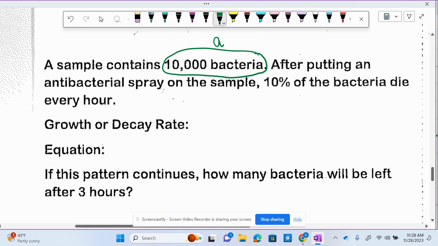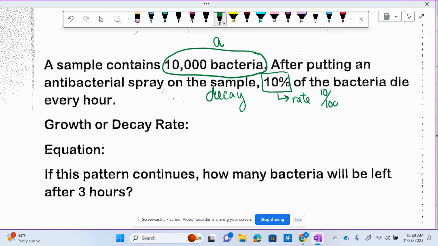It's antibacterial. Decay. So this is going to be a decay question. 10% is my what? It's my rate. Turn it into a decimal. 10 divided by 100 is 0.1. Okay. So this is decay.